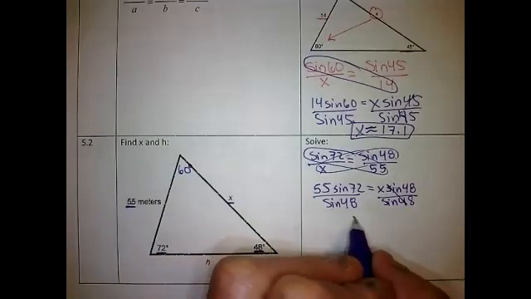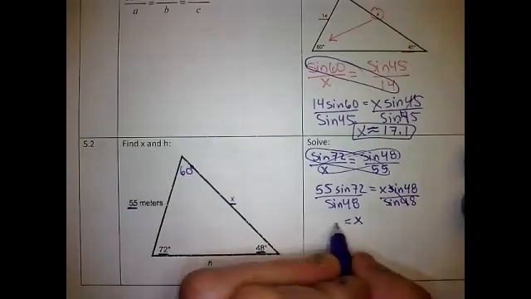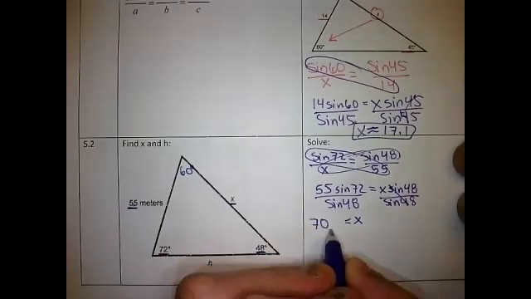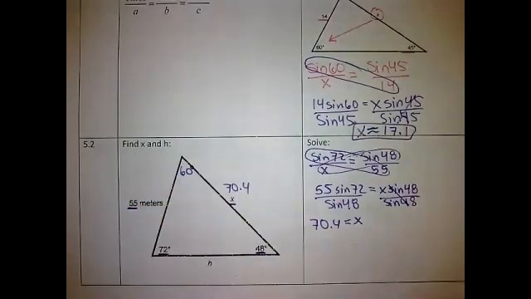I'm going to wind up with x equals 55 times sine of 72 divided by sine of 48, and that gives me 70.4. So we'll say 70.4 meters. That's my x value.